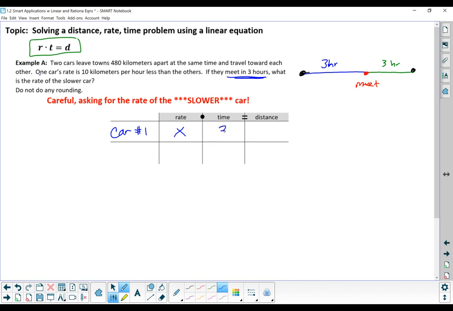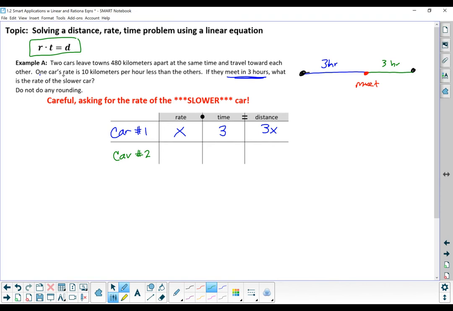So the time for car number one is 3 hours. That means the distance that car traveled is rate times time, so it's 3x. For car number two, we don't know its speed again, but we do know something about it.